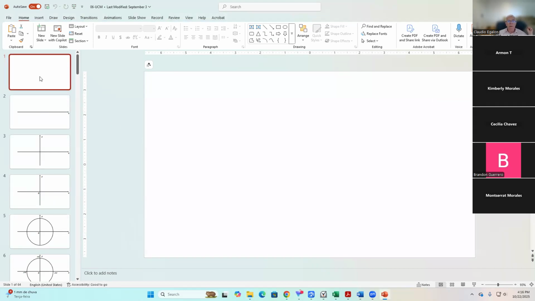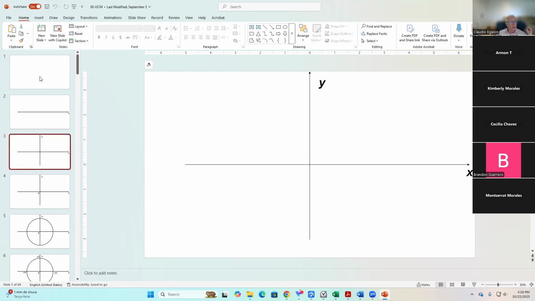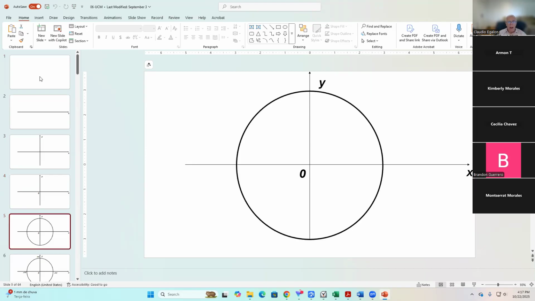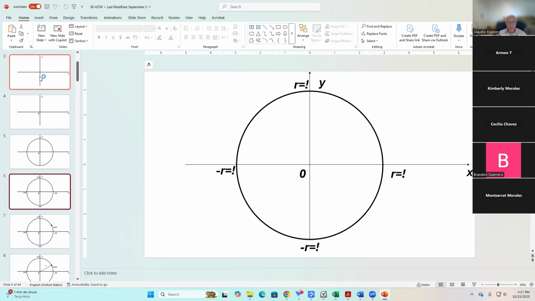So here you go. Start with the x-axis, the y-axis, the origin of the xy axis, and then we draw a circle, let's say, of radius r. Lowercase r, we know the radius.